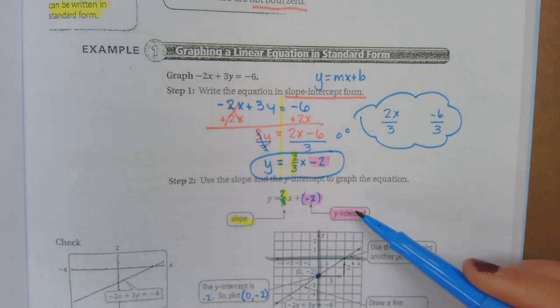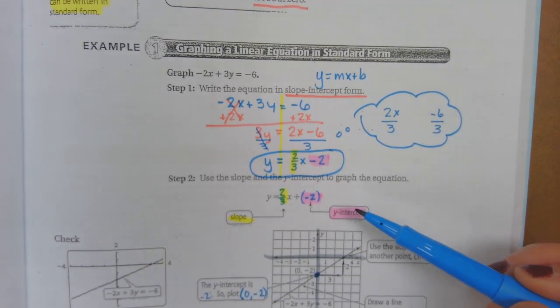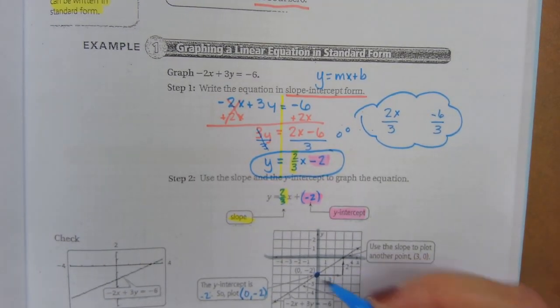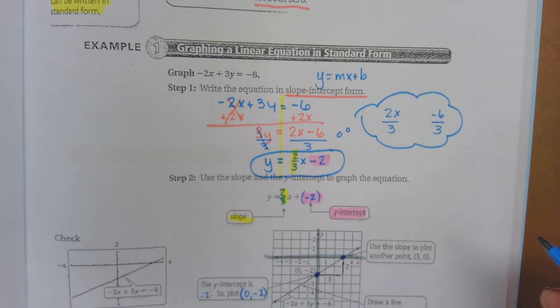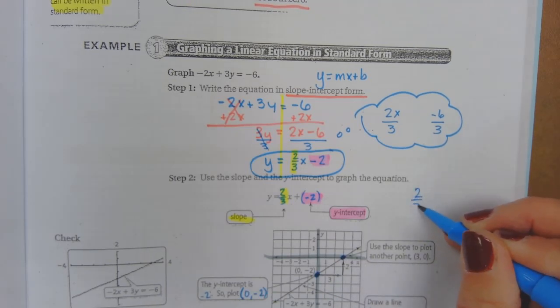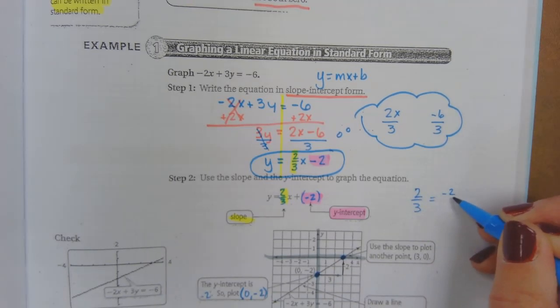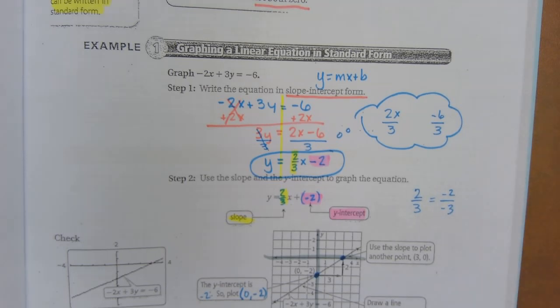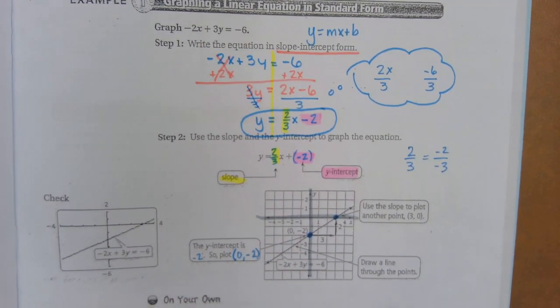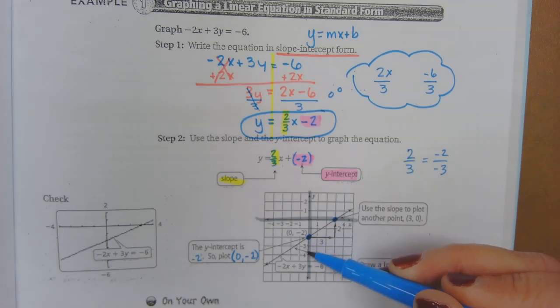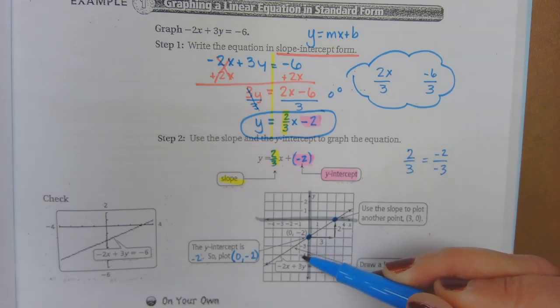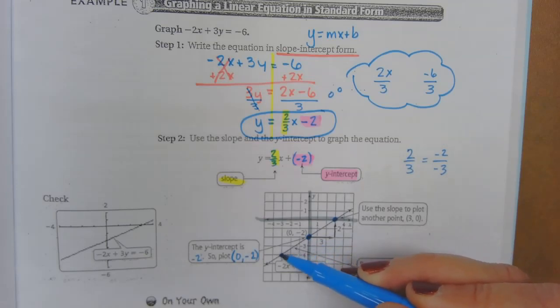Then we're going to use our slope, and our slope is 2/3. So that means we can go up 1, 2, and over 3, 1, 2, 3, and plot that point. We also know 2/3 is equal to negative 2 over negative 3. So we also know that we can go down 1, 2, and to the left 3, 1, 2, 3.